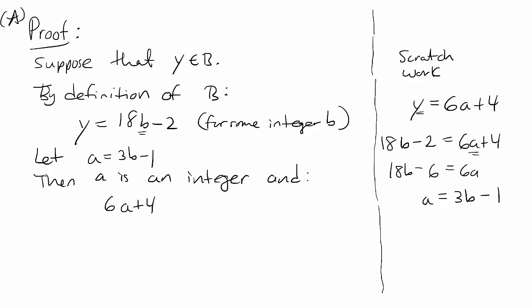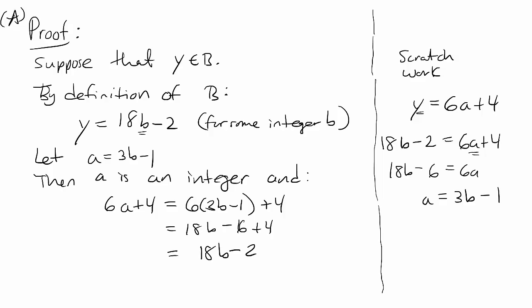I'm going to take the x, which was 6a plus 4, and replace the a with 3b minus 1. You still have your plus 4. Then I get 18b minus 6 plus 4, which is 18b minus 2, which is equal to y.